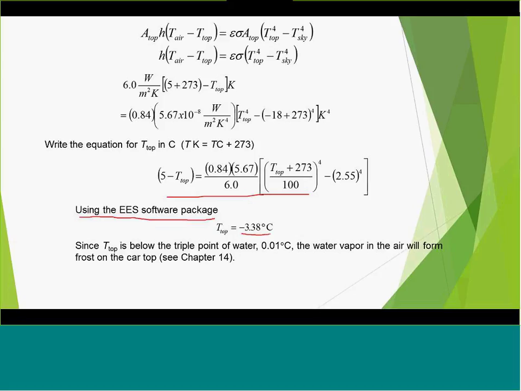So basically, the water vapor in the air will form frost on the car top. This is also discussed in chapter 14, but I just put it there so that you have some idea where to look for this kind of discussion.